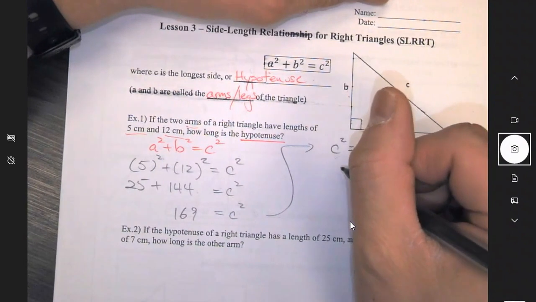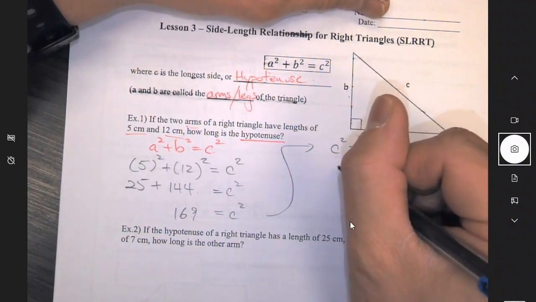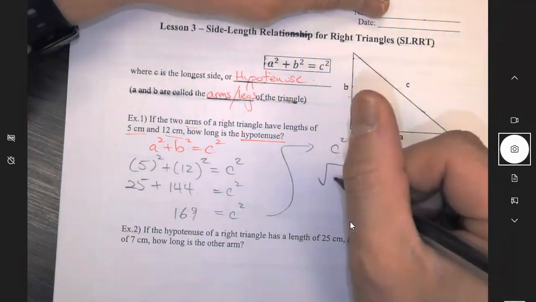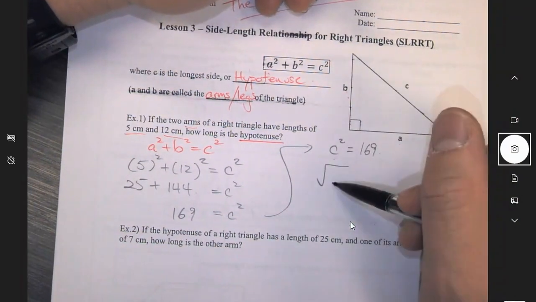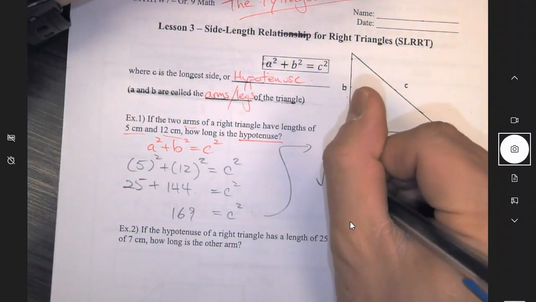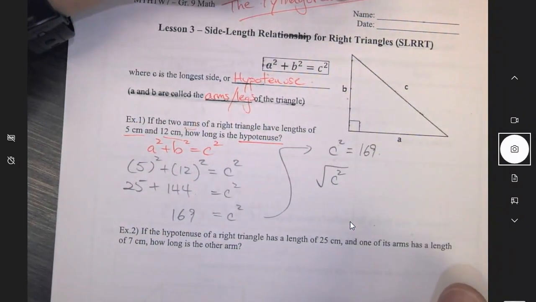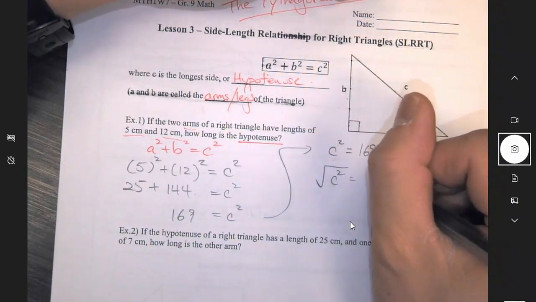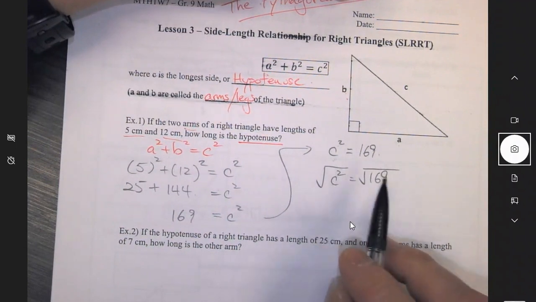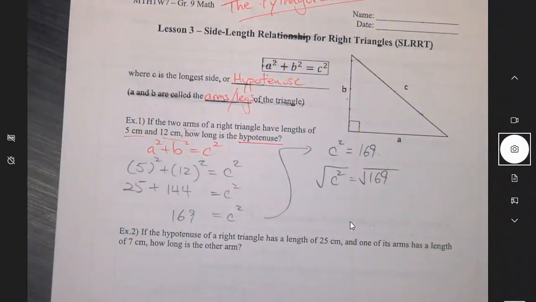Now, you might recall we have learned a symbol here, the square root. Square root is the opposite of squaring a number. So when you are square rooting c squared, you will square root both sides of the equation.